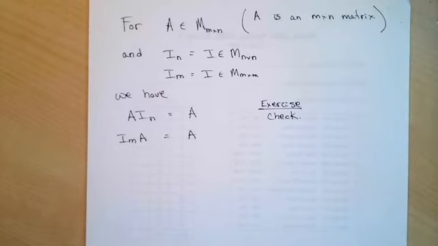So these identity matrices operate like the number 1 for real numbers. Anything times 1 is that number, right? 1 times anything is that anything. Same thing with matrices. The identity times any matrix gives us back that same matrix. This is our multiplicative identity.